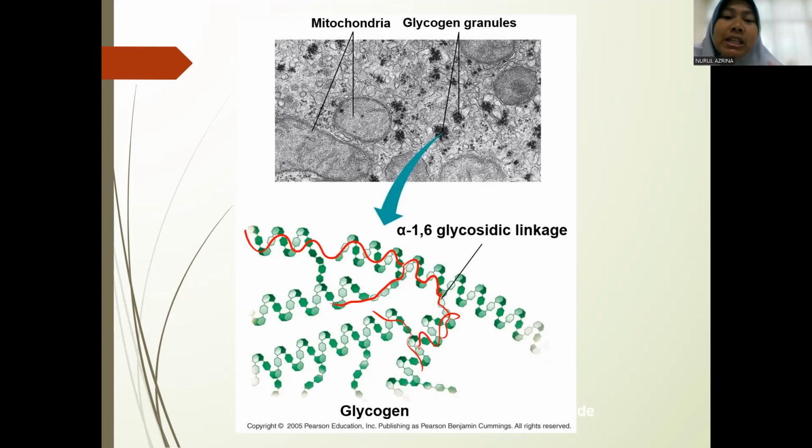So meaning to say dia ada 2 jenis ikatan iaitu antara alpha glucose and alpha glucose over here yang secara melintang, this is alpha 1,4 glycosidic linkage. And also, yang dekat tempat berlakunya bercabang tu is alpha 1,6 glycosidic linkage.